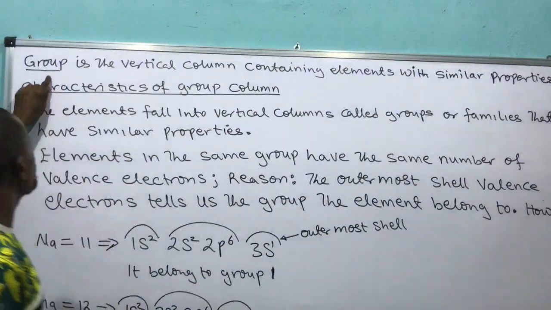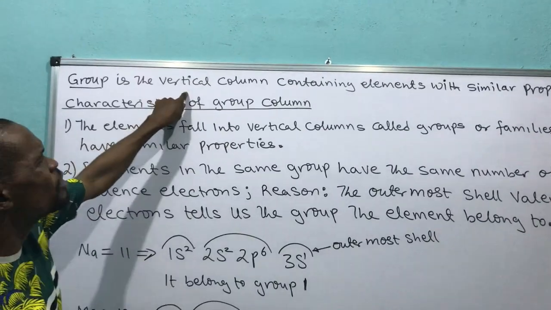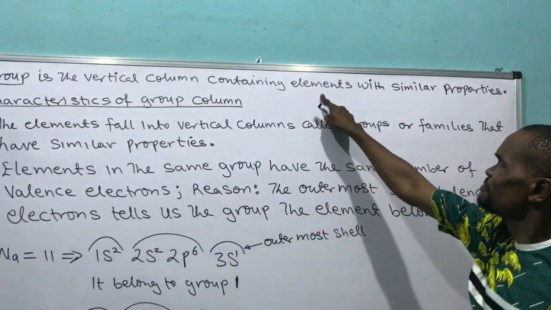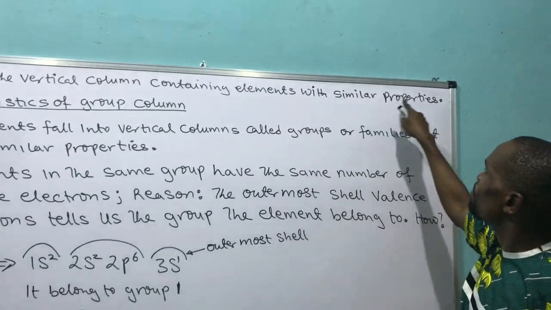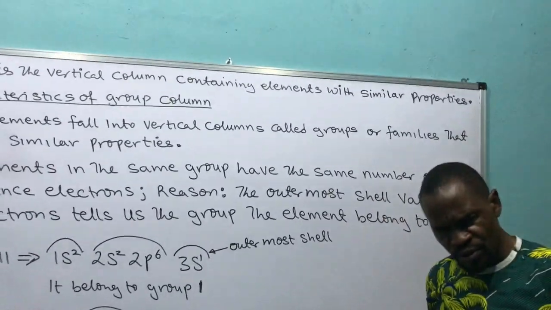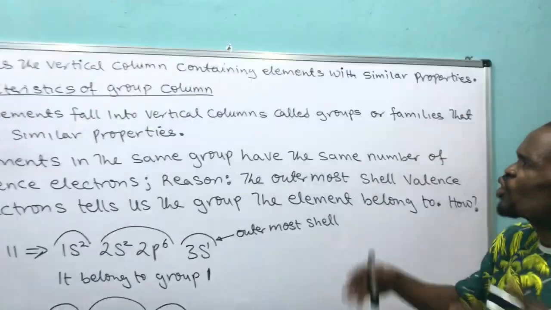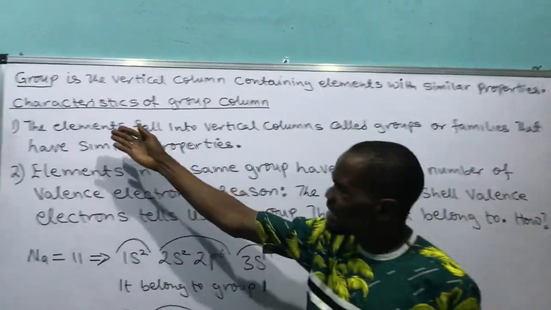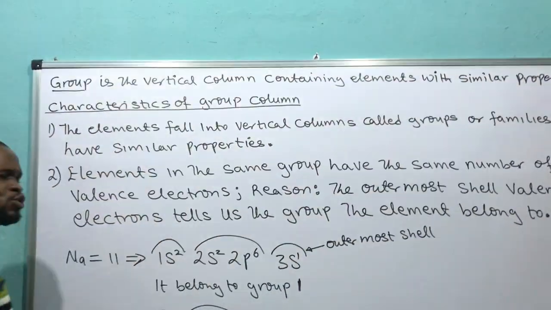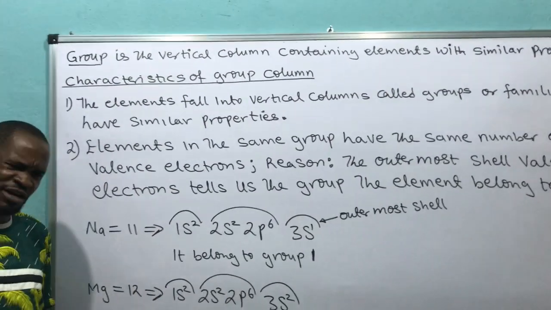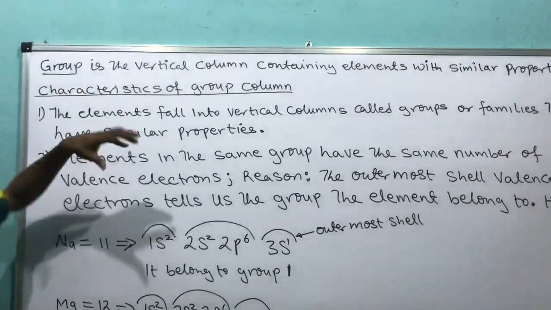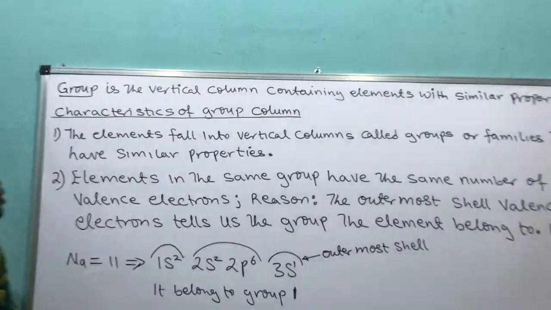Group is the vertical column containing elements with similar properties. We now look at the characteristics of group. Since we have looked at the characteristics of period in the periodic table, we are going to look at the characteristics of group in that periodic table.